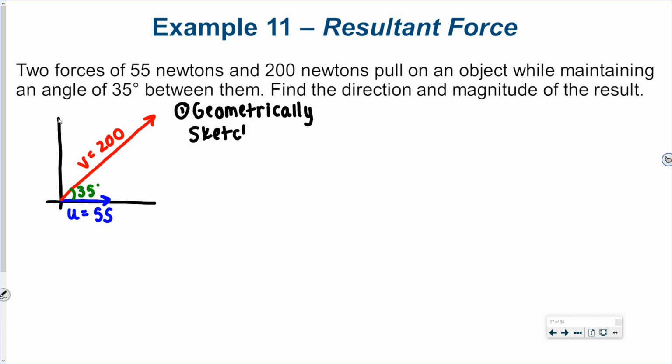So you're going to sketch, and this is where you have to be accurate, U plus V. Remember how we do that. Actually, I'm going to write it as V plus U because it's a little bit easier that way.